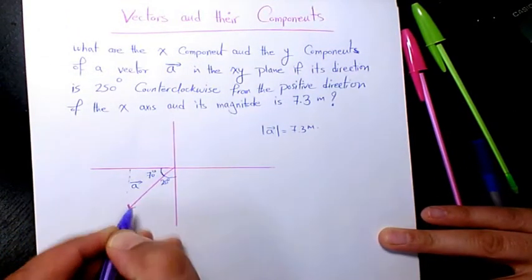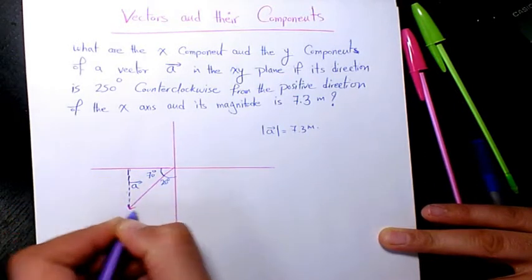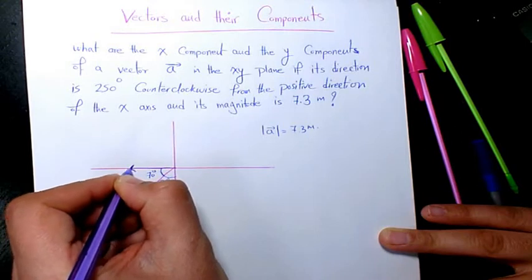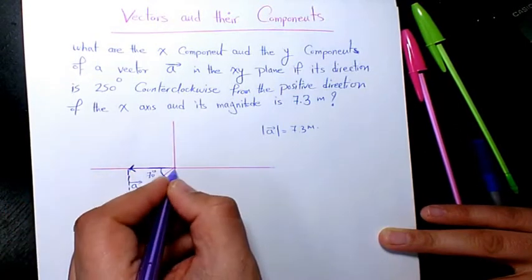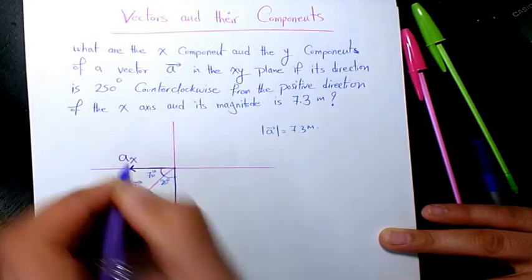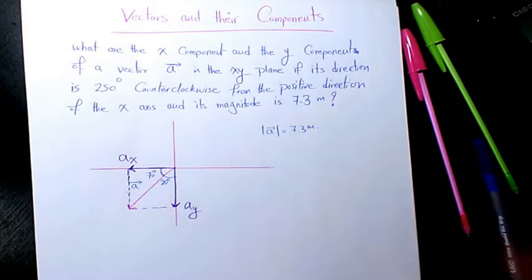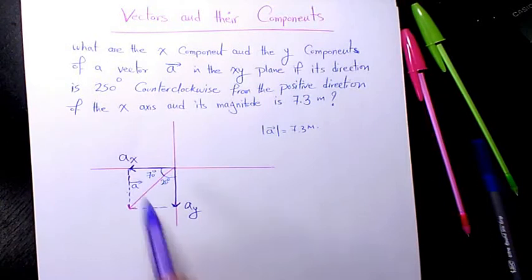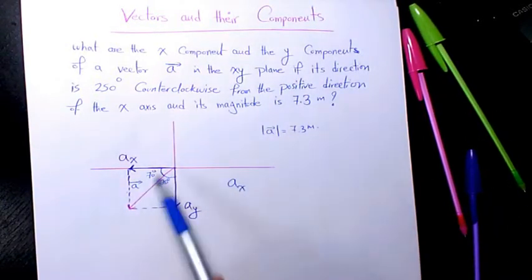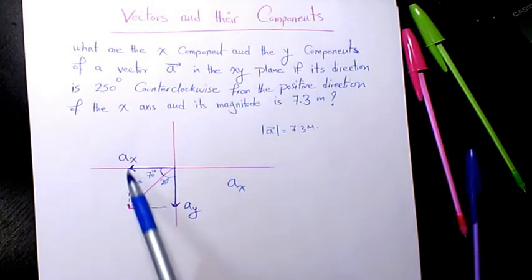So it means that we need to draw two vectors when you project it over the x-axis and the y-axis. So this one is going to be ax, this one is going to be ay. Now if you want to find out ax, consider this triangle here.